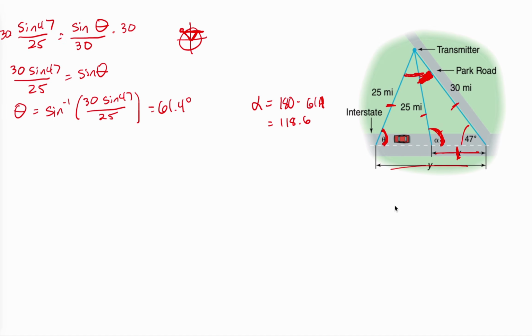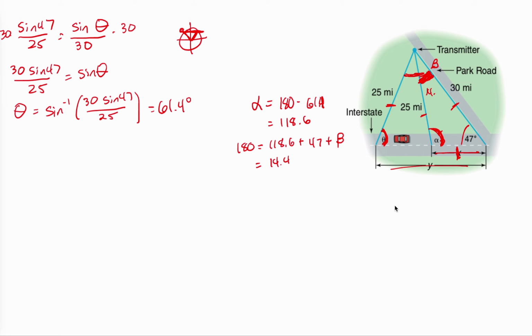So this smaller angle here, if we're using the alpha: 180 equals 118.6 plus 47 plus, let's call this angle beta. And that angle is going to be 14.4.